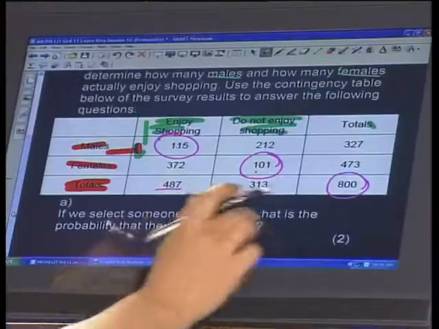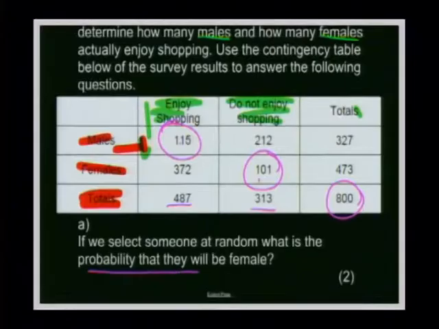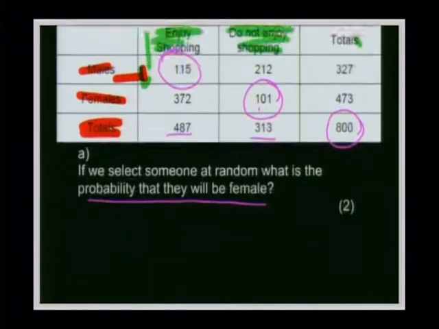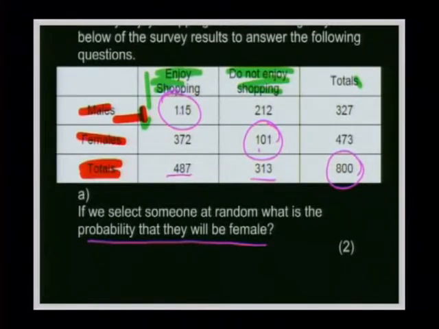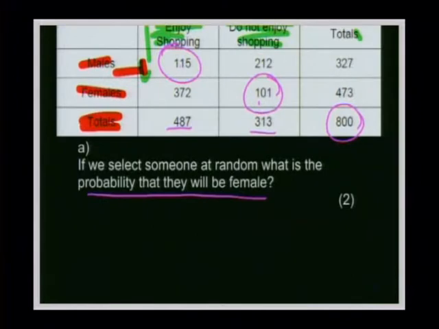So if I select someone at random, what is the probability that they will be female? We're looking for female and somebody at random. My possible outcomes were 800. That random person has to come out of my outcome pool of 800 people.